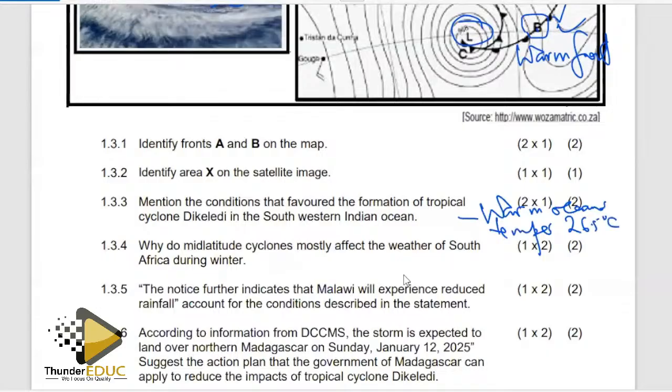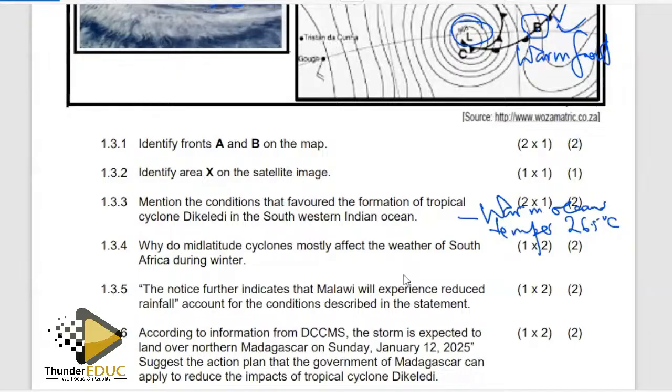They need warm ocean current or the warm ocean for them to form. They form at temperatures of around 26.5 degrees Celsius or above. So the South Indian Ocean, we know an Indian Ocean is the warm ocean current and the temperatures are slightly higher, resulting in favorable conditions for the formation of such a weather system.